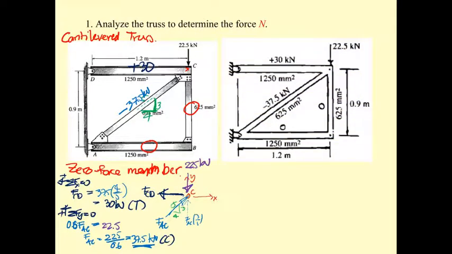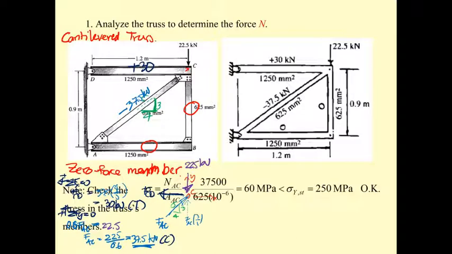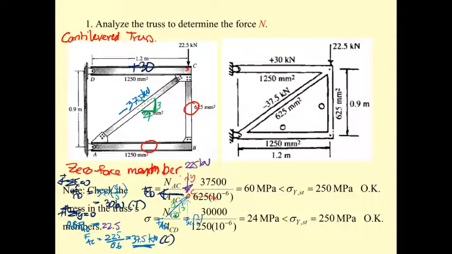We have the result of our truss analysis here. You may check by dividing the force by the given area, and the truss has stress less than the yielding stress. So it's okay. It follows our assumption that the members have linear elastic behavior and the deformation is very small.